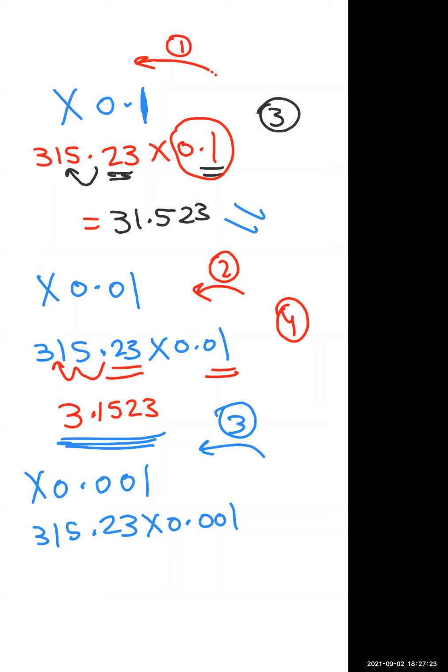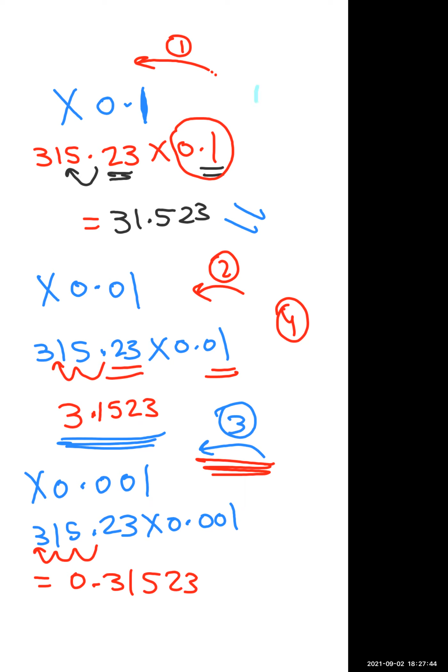Okay, let's solve it. We said to move the decimal point 3 decimal places to the left. So it will become like this, 1, 2, 3. So 0.31523. Correct? Correct. Okay, great. Let's check it.